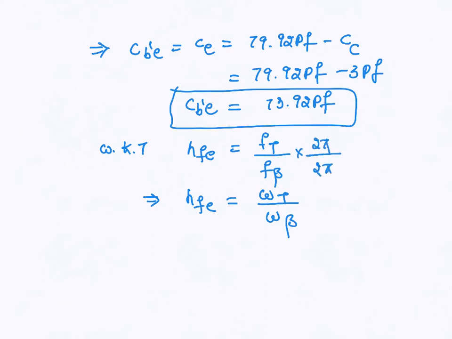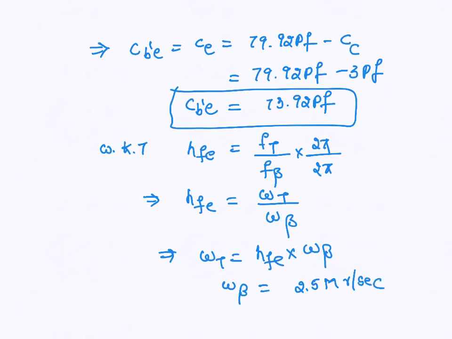So we have to find omega T. So omega T equals hfe into omega beta. hfe he has given us as 200. So if you solve this one, the omega beta will be 2.5 mega radians per second. So this is the value of omega beta.